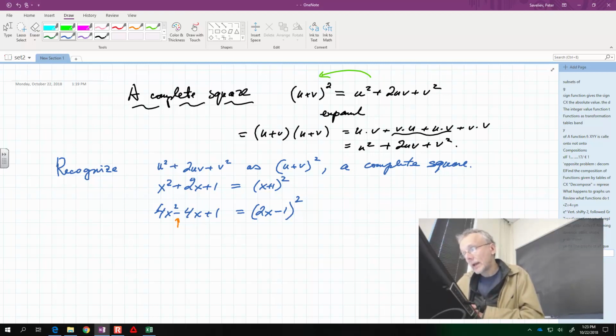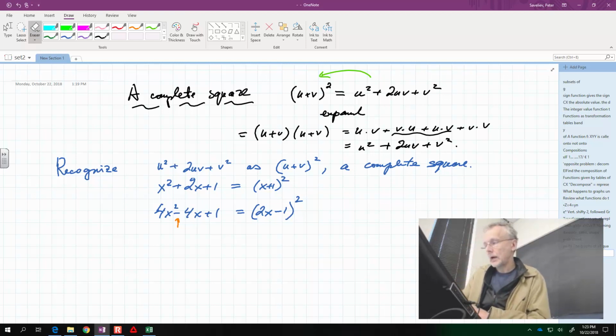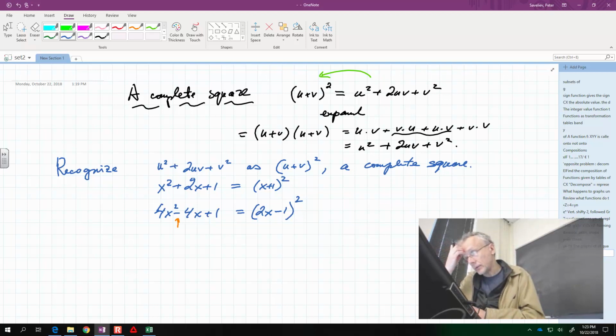You can recognize them quickly if you've already done it before. You can match them up the way we just did. You could also do some algebra, or trial and error, all fine.